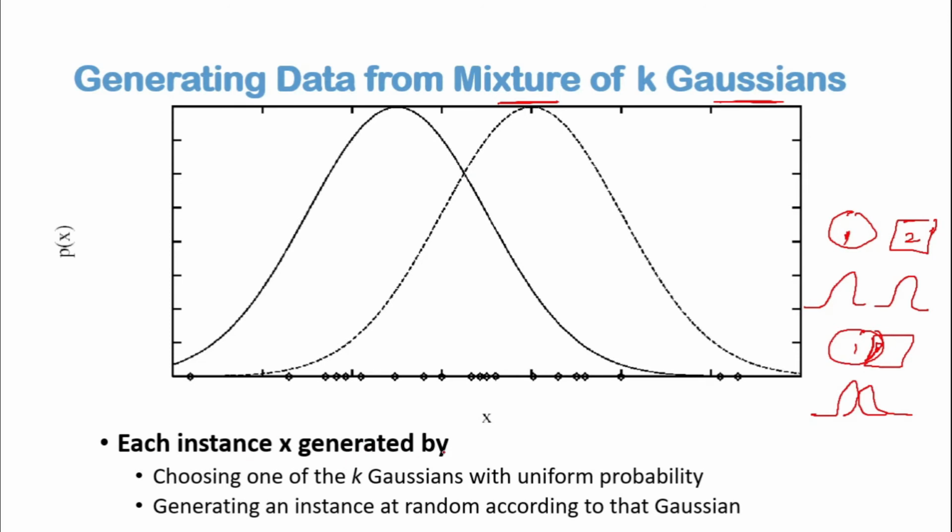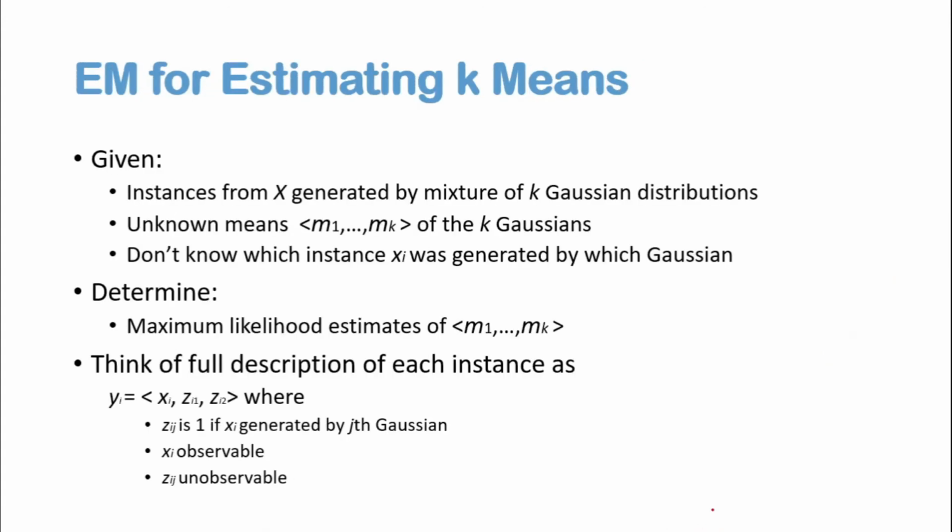Each instance X is generated by choosing one of the k Gaussians with uniform probability, then generating an instance at random according to that particular Gaussian. And what is estimation maximization for estimating k-means? So what is given here?